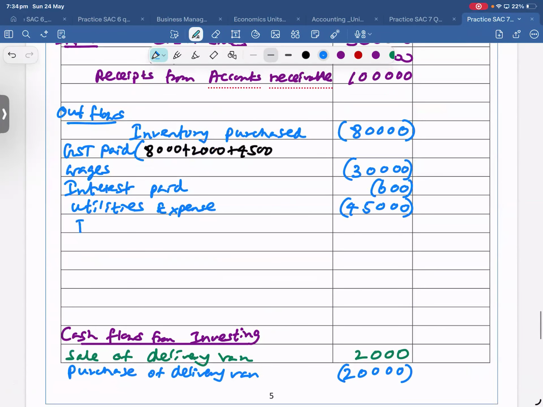Delivery in. If you want, we can do it together, one by one. Right, the next one is 250. I mean, GST, 250 on this.